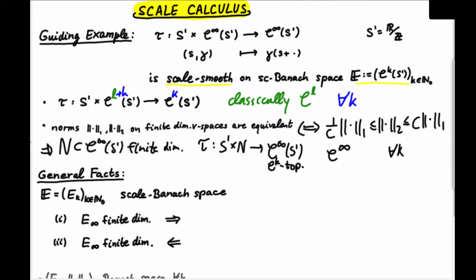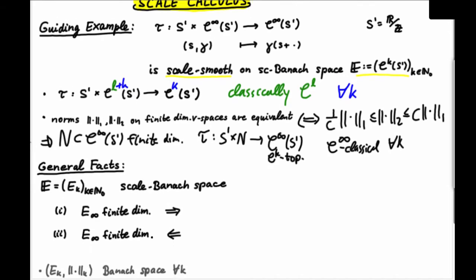So in finite dimensions, you recover classical smoothness. Since there are C^k spaces and classical C somethings, I'll try to write classical something if I mean that. Good. So far, so good.